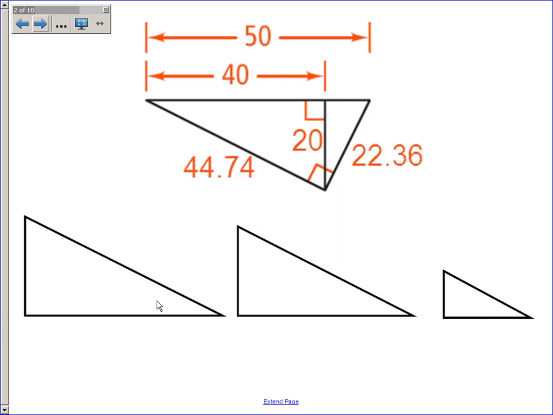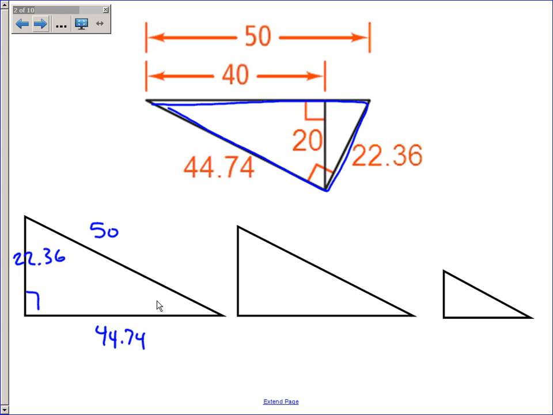In the largest triangle, which is the overall triangle, the hypotenuse is 50. The shorter leg is 22.36, and the longer leg is 44.74.